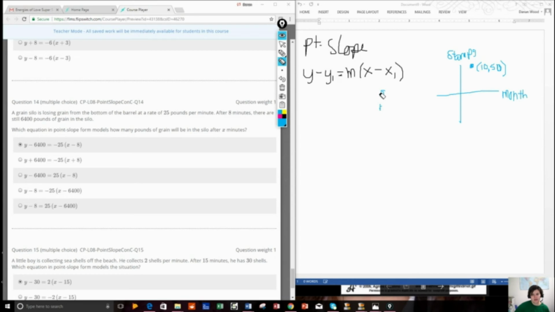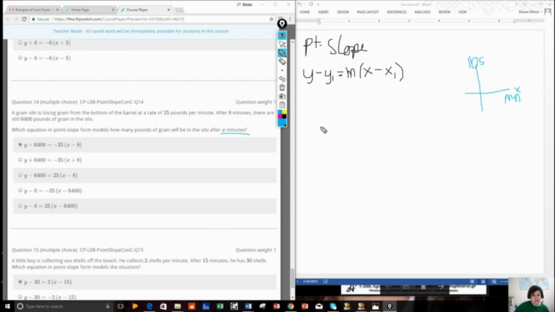They tell you right in that statement which one is your x coordinate. It says after x minutes, so your x-axis is minutes, and pounds will be our y-axis.